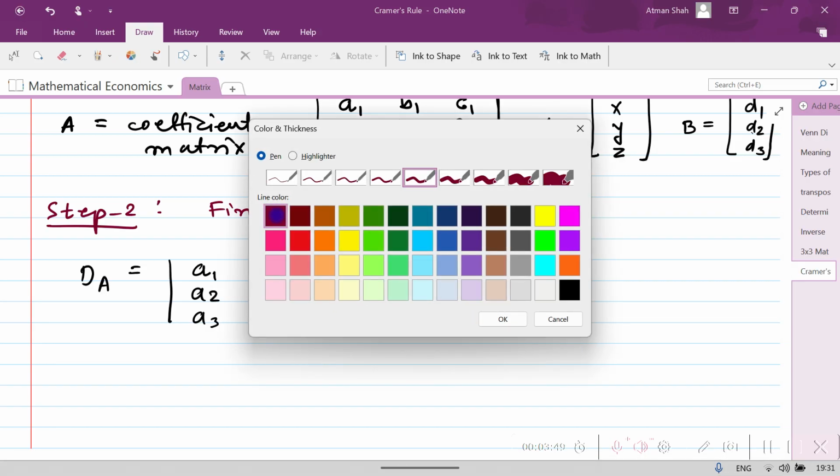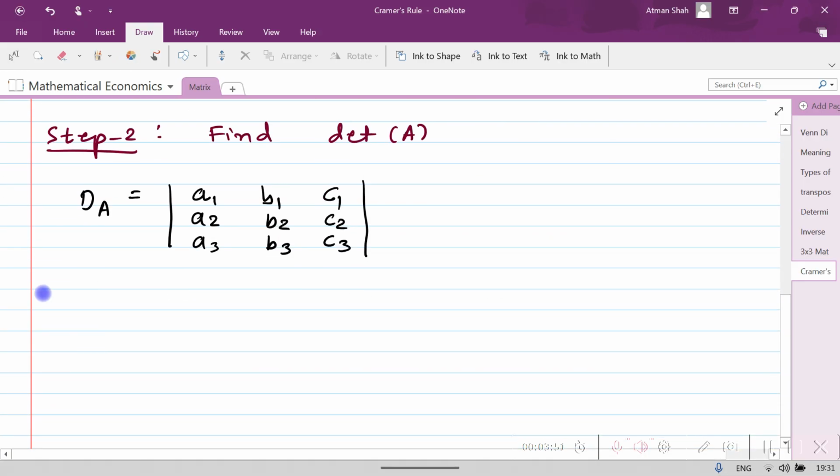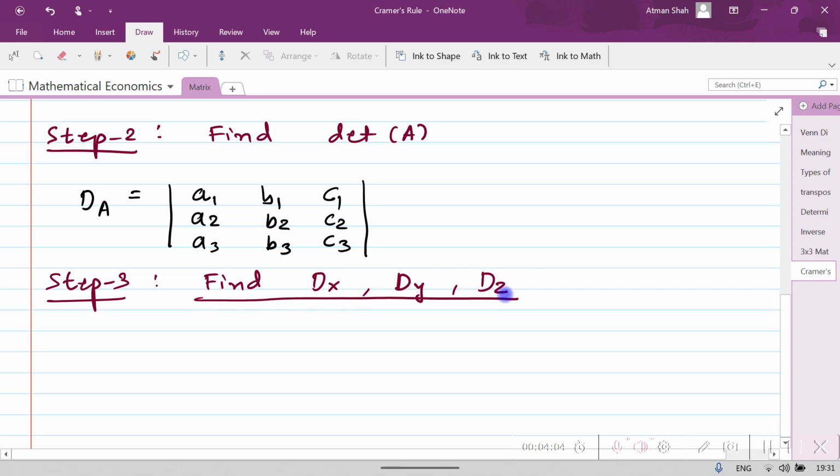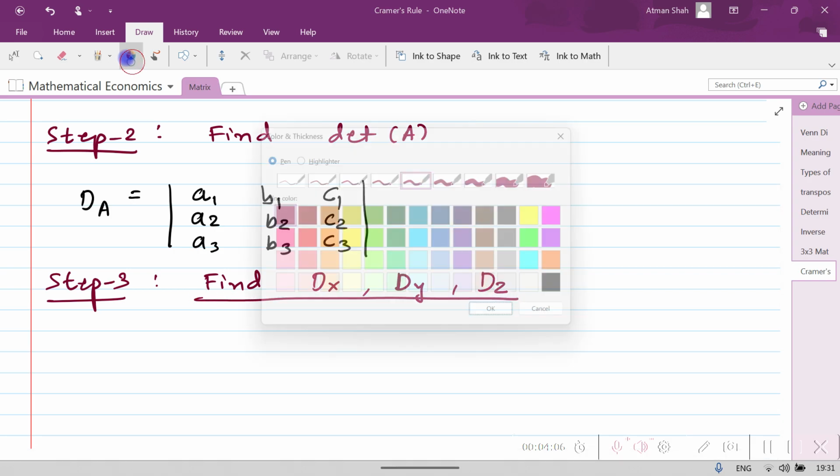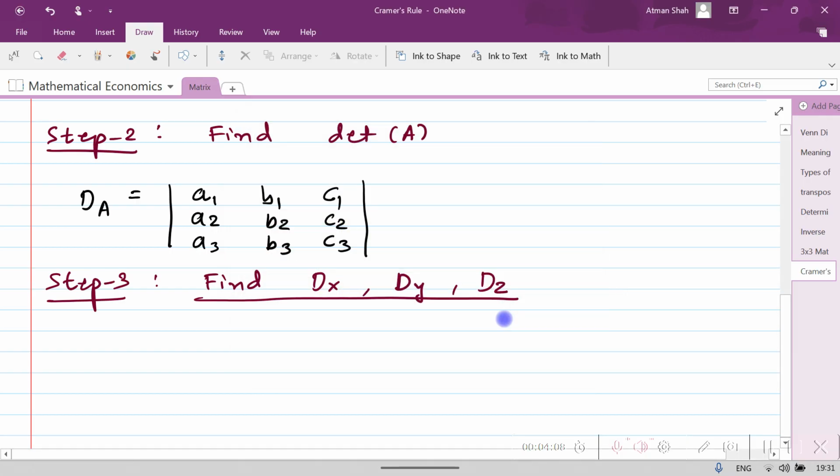Step 3. Find the determinant for x, determinant for y and determinant for z. Now how do we find the determinant of x, y and z?